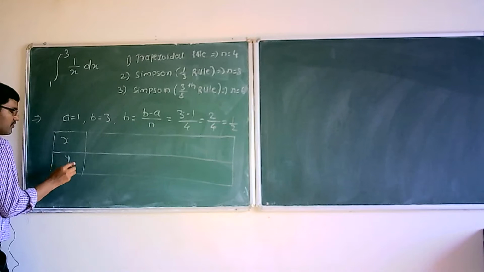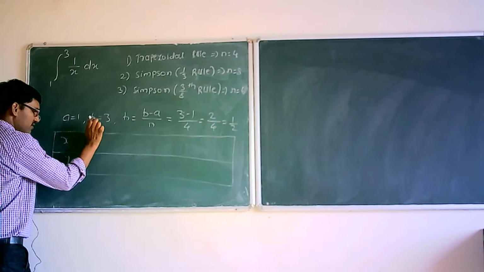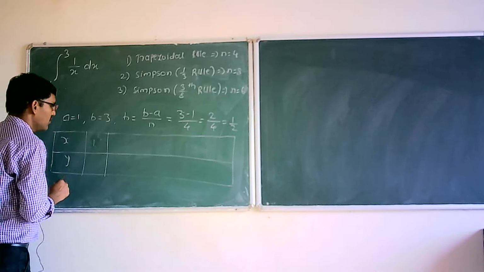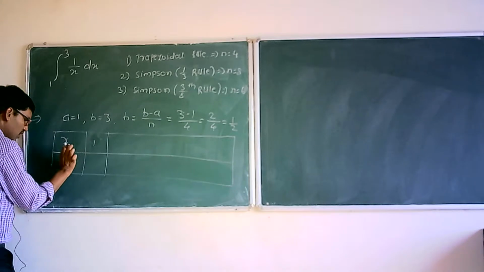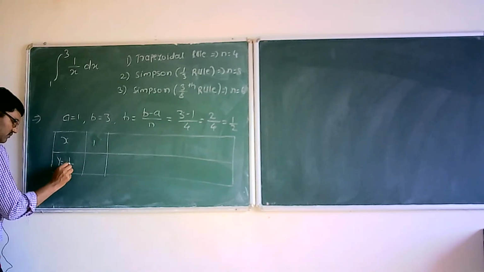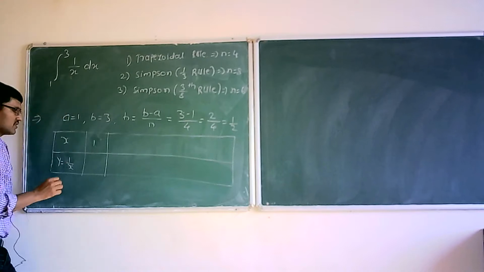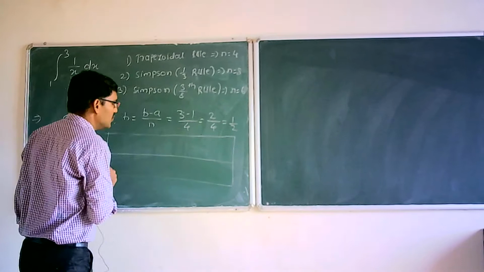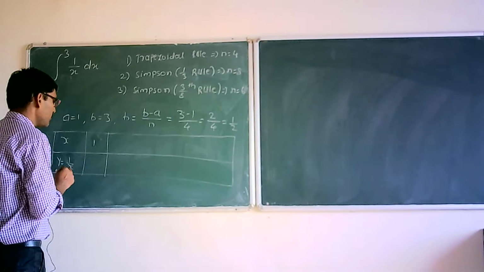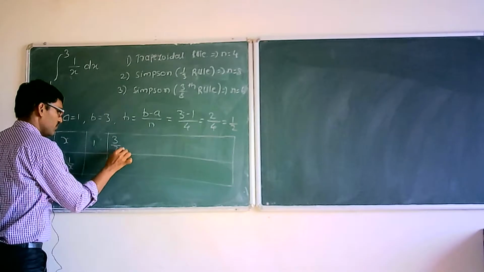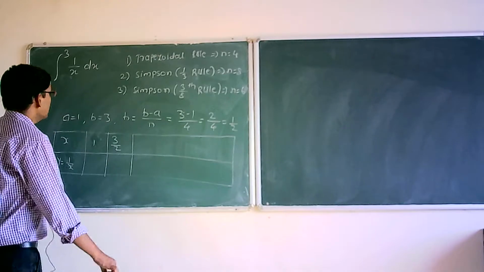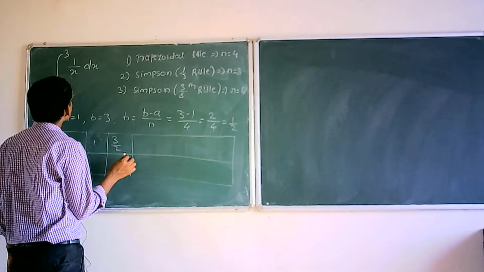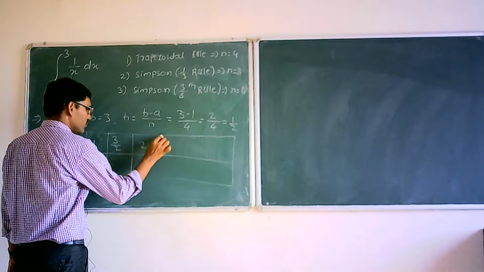x0, your first term, is a, that is 1. Here y is 1 by x. Then 1 plus h: if you add 1 plus 1 by 2, it is 3 by 2. 3 by 2 plus 1 by 2 is 4 by 2, meaning 2.